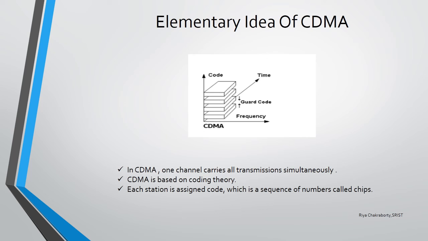In other words, the common channel, the space of the room in this case, can easily allow communication between several couples, but in different languages. So, CDMA is based on coding theory, with assigned codes.